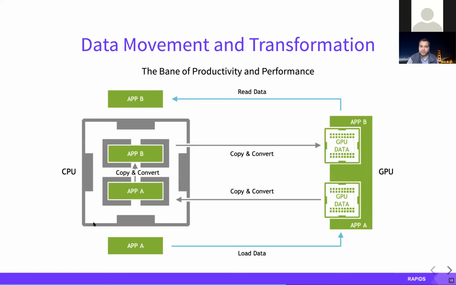So first your GPU data resides in the GPU for application A. You go to CPU, you copy and convert your data set in a way that makes sense for application B, right? And then application B, what it does internally is copy it right back to GPUs. So what if we could get rid of these extra copy and converts? Wouldn't that be something?